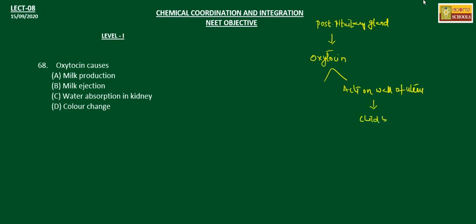Next question: oxytocin causes. We know oxytocin is a hormone released from the posterior pituitary gland. It acts on the wall of the uterus, which helps in childbirth. Another function is that it acts on mammary glands.